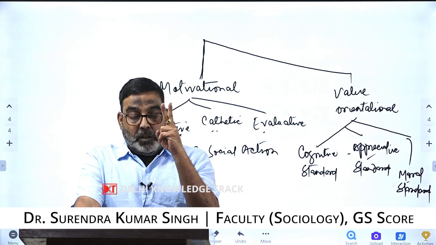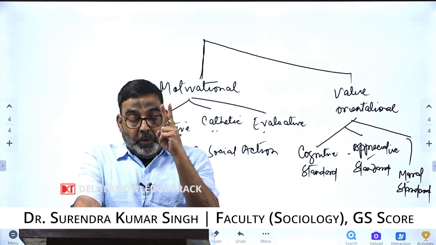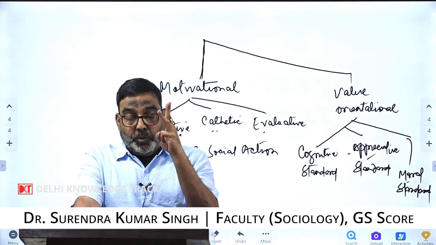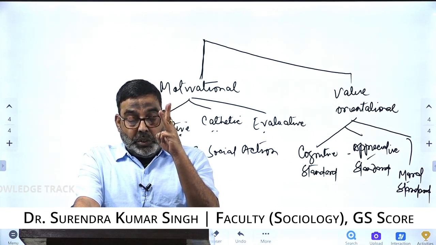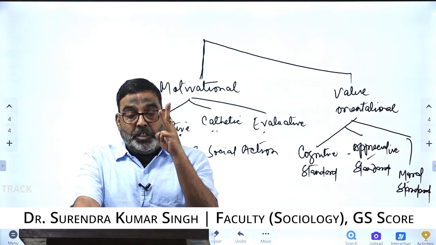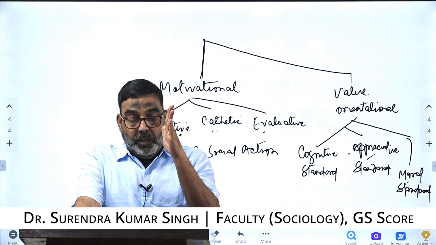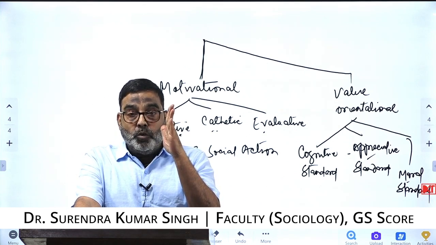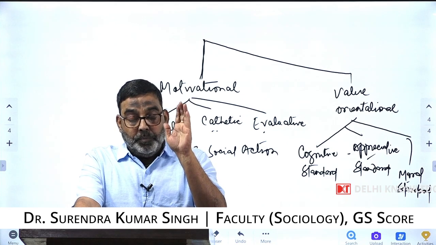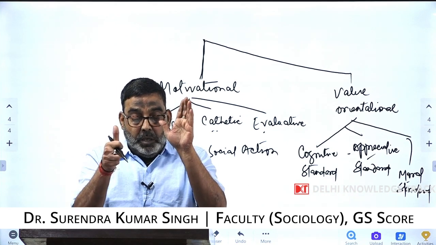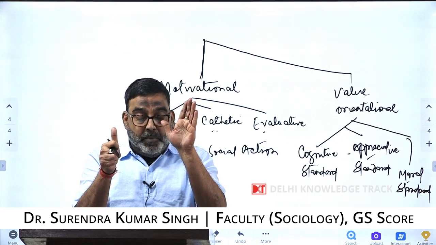Number two, actor as a goal seeker. Number three, selection among alternative means. Number four, actor's confrontation with situational conditions. Fifth, actor is governed by values, norms, other ideas. Sixth, actor has subjective decision making.